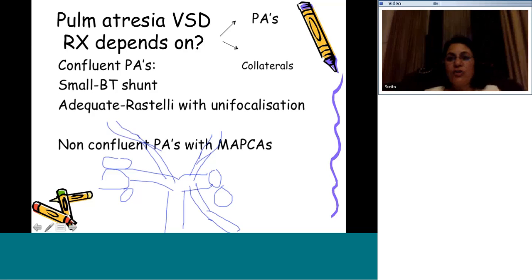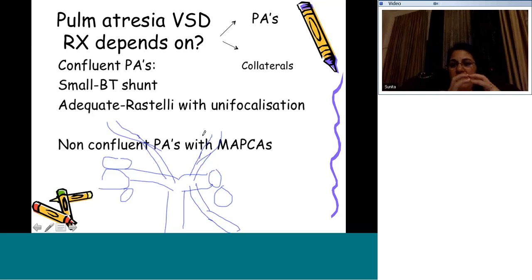So non-confluent PAs, what are you going to do? Anyone? Non-confluent PAs? Then your only option is to unifocalize and either put a homograft or put a BT shunt.